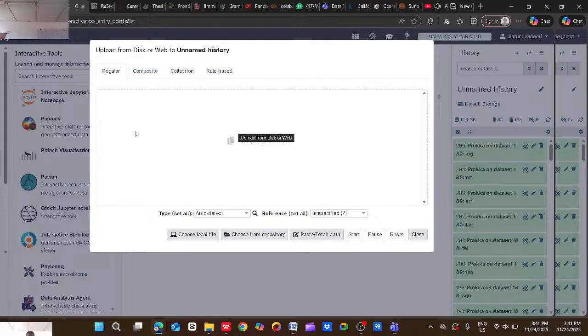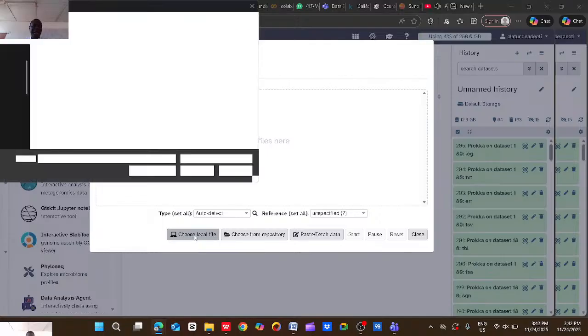Click on upload. So when you click on the upload, you will see where we have choose local files, choose from repository, paste/fetch data. You will see start, pause, reset, and close. So where you will click, just click on choose local file.